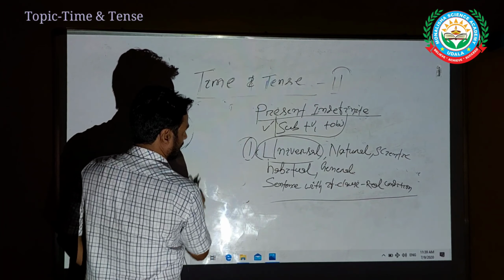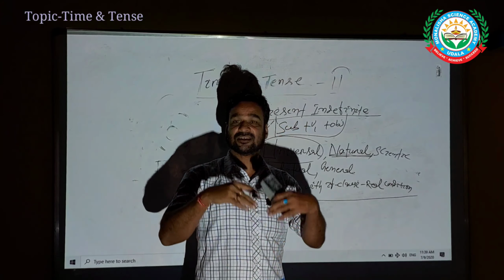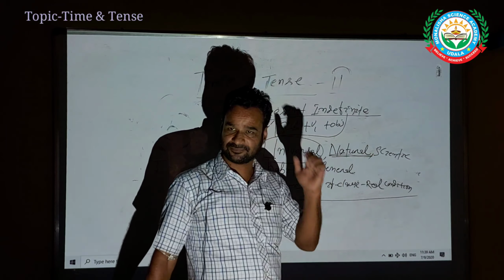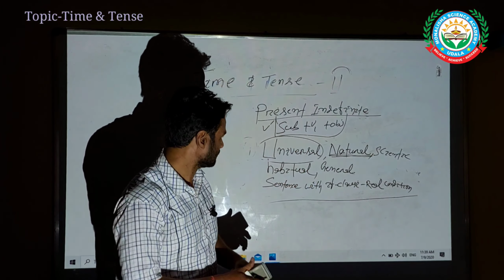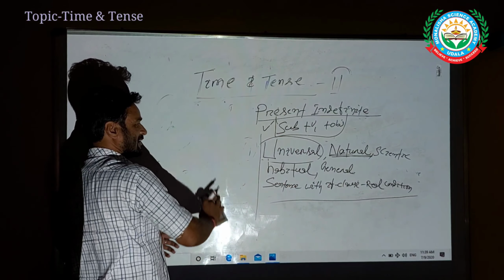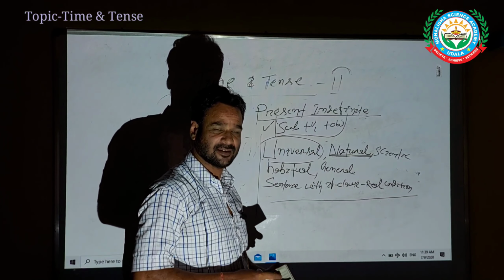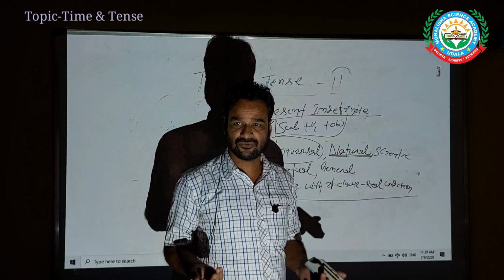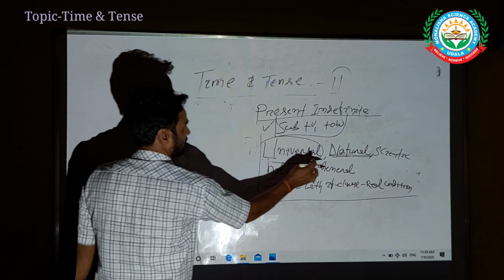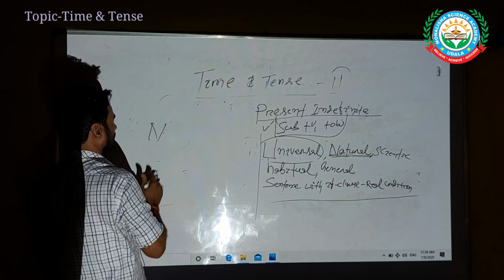So this was the example about the universal action. Now natural action. The actions that are constantly taking place in nature are called natural actions. You see, so far as nature is concerned, when the spring season comes, what happens? The new leaves sprout on the trees. So that is an example of natural action. Let me write here one by one.